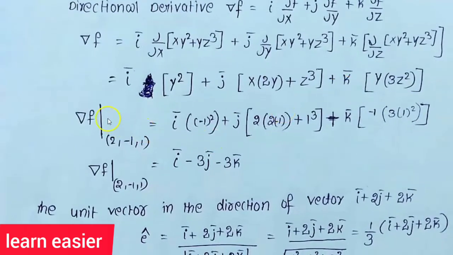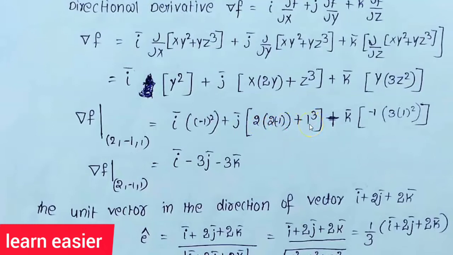And now we have to find del f at the point (2, -1, 1), so we substitute this point in the equation. Here we have y square, so in place of y we substitute -1, so (-1) whole square. Here x is 2 and y is -1, so we get 2 into 2 into -1, that means -4.